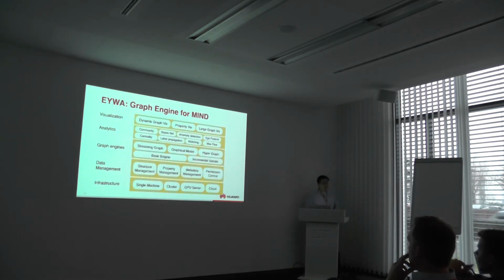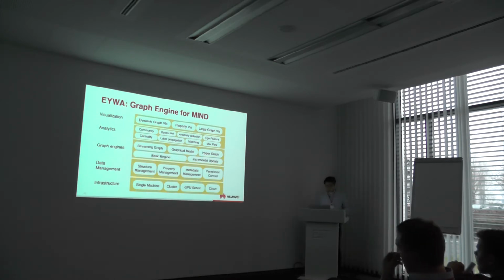Then after those use cases, we go back to take a look at our graph engine. Like many graph engines, it has many layers, and on different layers we offer different functionalities. As a result, it is an end-to-end, comprehensive graph computing engine.